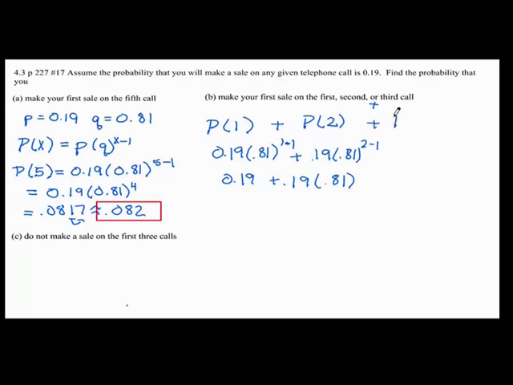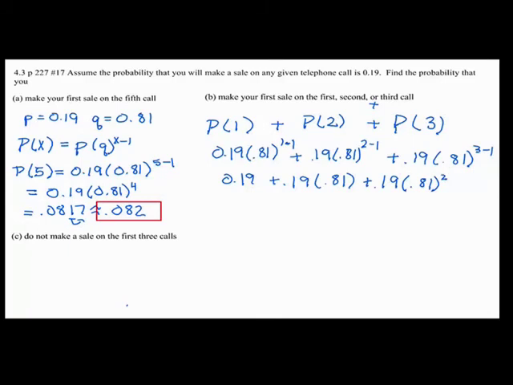Plus the probability the first sale is on the third call: our success is 0.19, and the probability of failure is 0.81 raised to the 3 minus 1, so that's 0.19 times 0.81 raised to the second power.